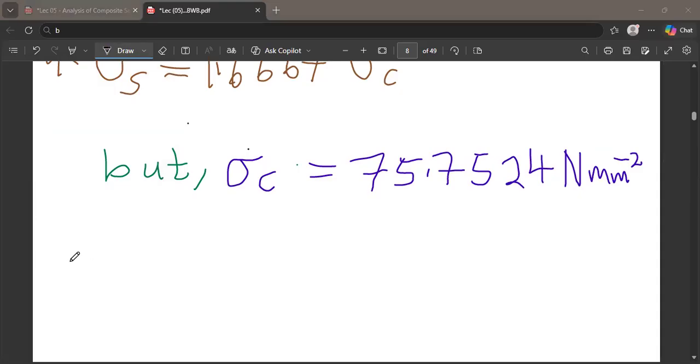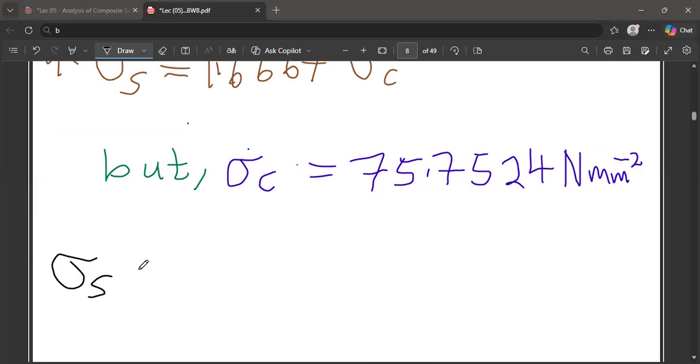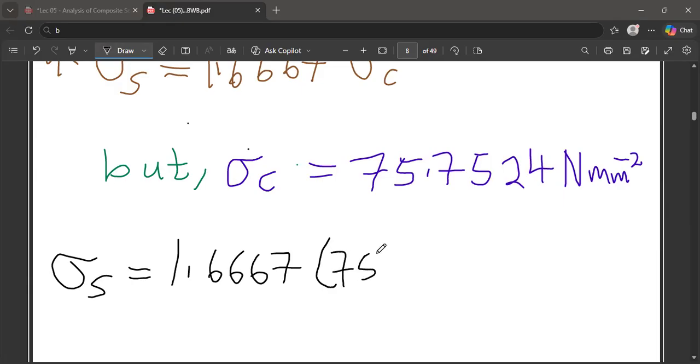So that is our stress in the steel rod is going to be equal to 1.6667 multiplying 75.7524.